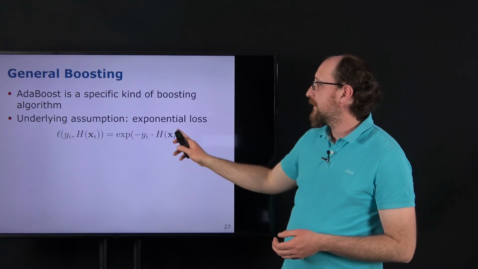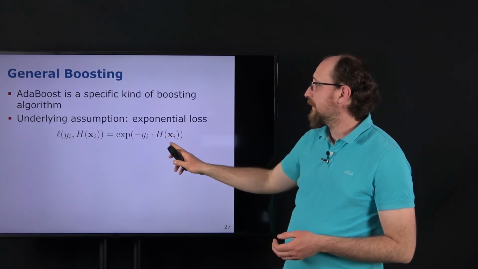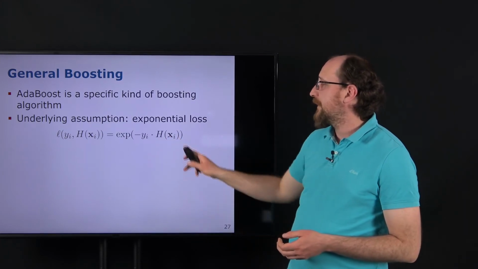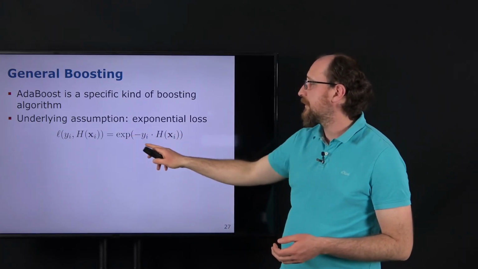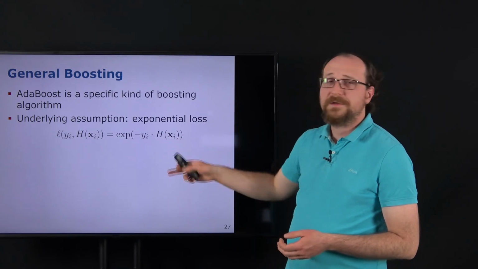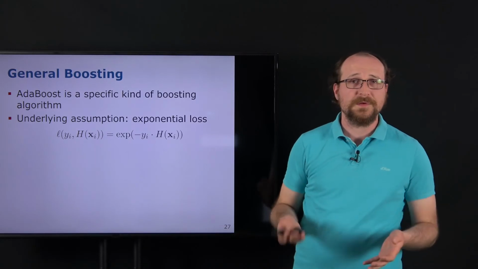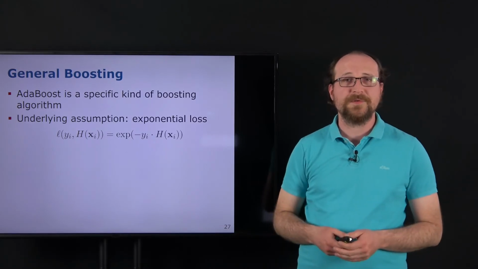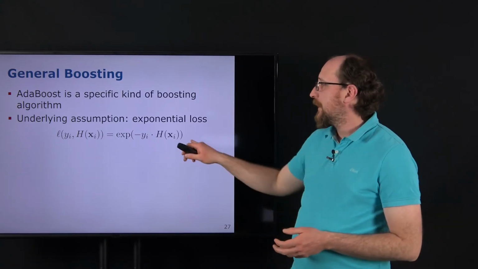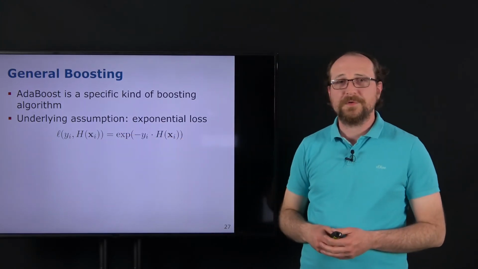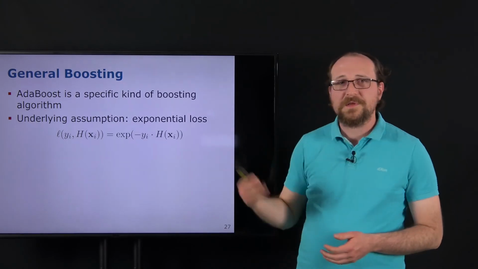When the weak learner or the ensemble puts out -1 or 1, so when they agree, the loss will be 0. If they are not agreeing, then the loss will be larger. So this is the underlying assumption there. Therefore, this term is also appearing in the weighting term, so to say. This was the thing that was behind it.